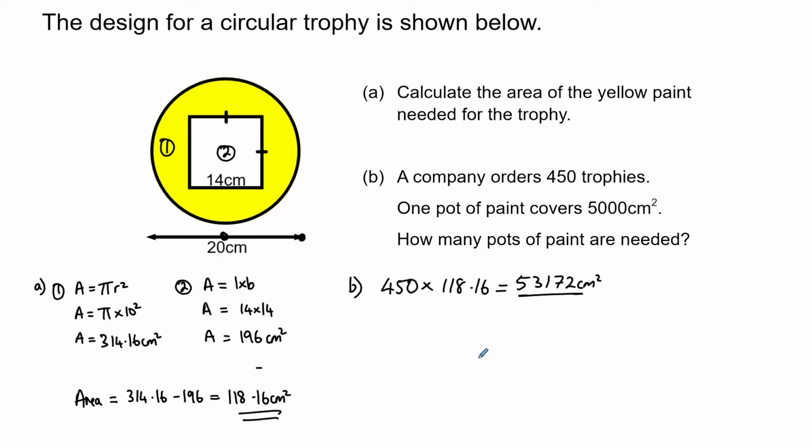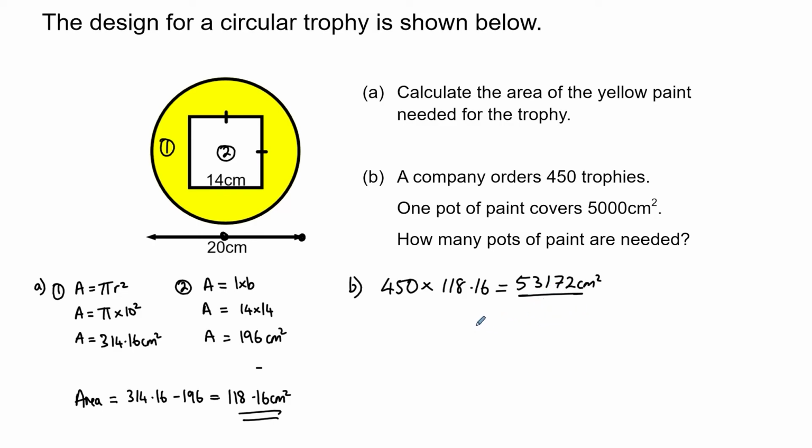Now, when you're buying pots of paint, you have to buy them in full pots. They don't look particularly favourably upon you in a shop when you start taking paint out of the pot. So you've got to buy the full pot. Now, if each pot covers 5,000 centimetres squared, we're going to divide this by 5,000.